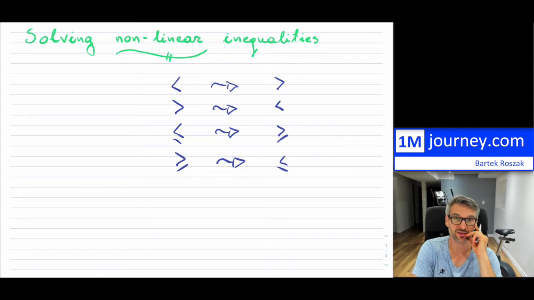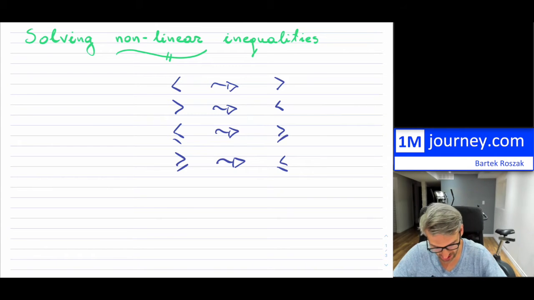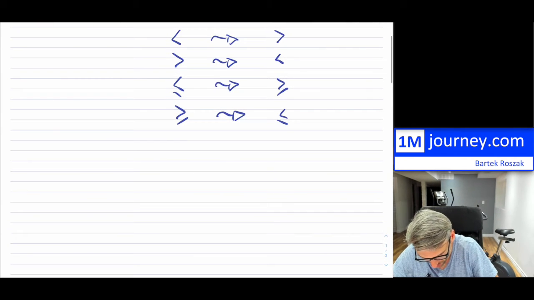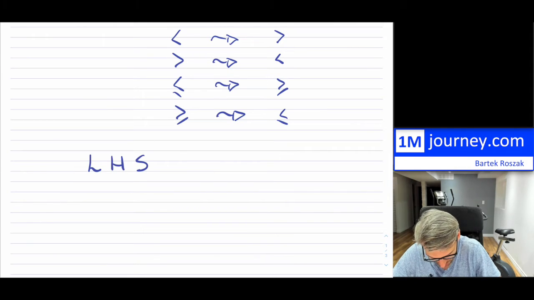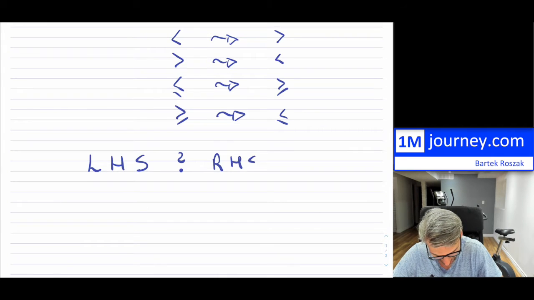there's actually a little bit more, because the left-hand side and the right-hand side of the inequality could possibly be nonlinear. So let's do a little bit of a setup first. Here's my left-hand side, then here is my inequality, whatever that inequality might be, and here is my right-hand side.